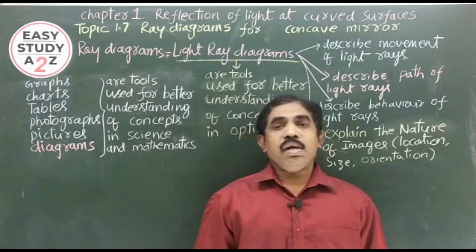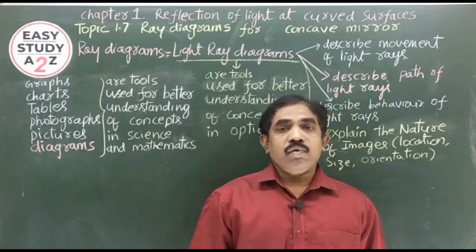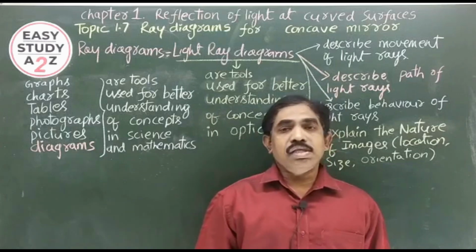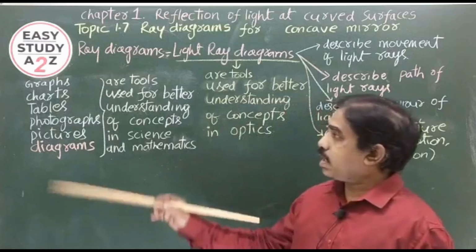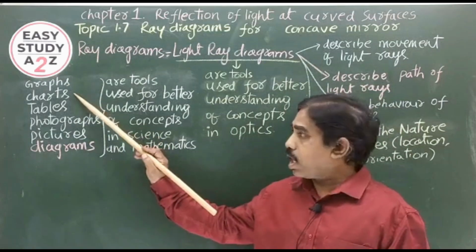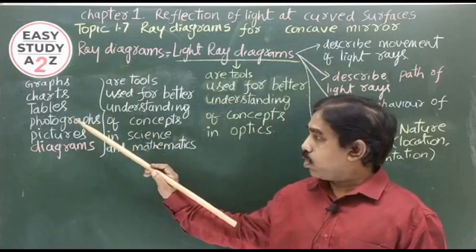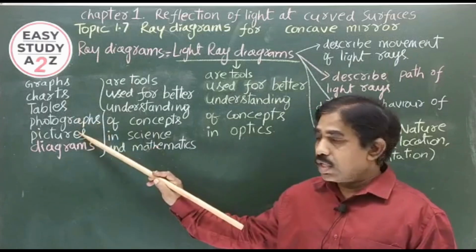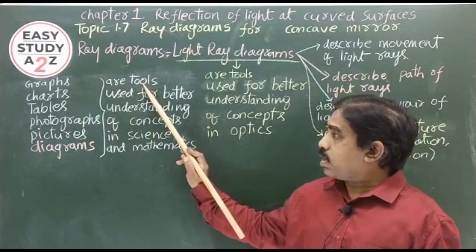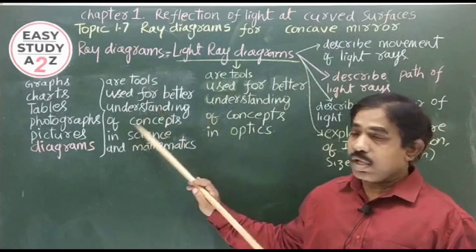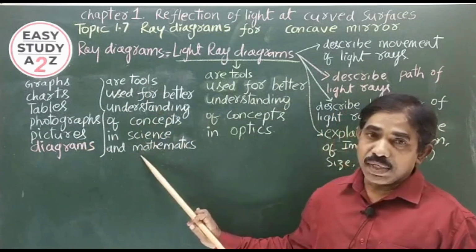Ray diagrams are tools used for better understanding of concepts in optics. For example, graphs, charts, tables, photographs, pictures, and diagrams are used as tools for better understanding of concepts in science and mathematics.